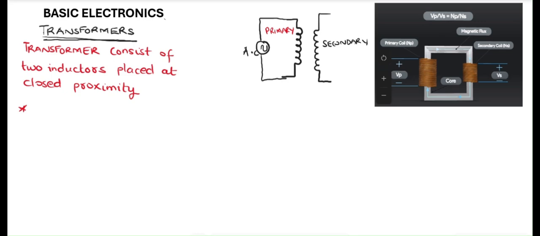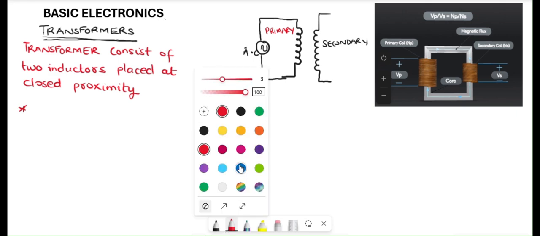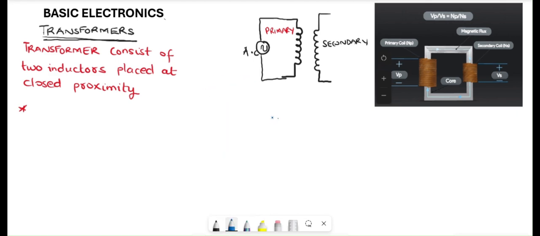So welcome back. The last electrical component that we said we would talk about is the transformer. Now, when we looked at the inductor, we realized that the inductor is made up of wire that is coiled, right? So if I have a wire that is coiled and there is a magnetic field, then it is going to store charges.